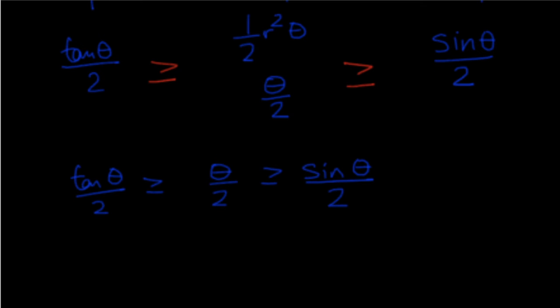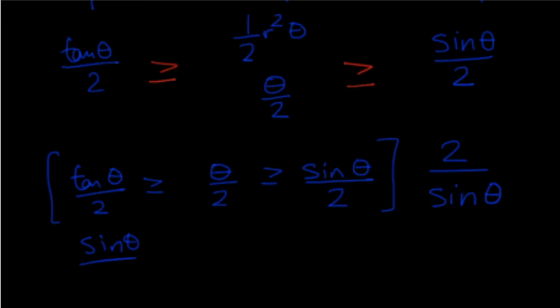Okay, so now I'm going to be multiplying all the sides by 2 over sine theta. So let's see, tangent is sine over cosine. So this will be sine over cosine all over 2.